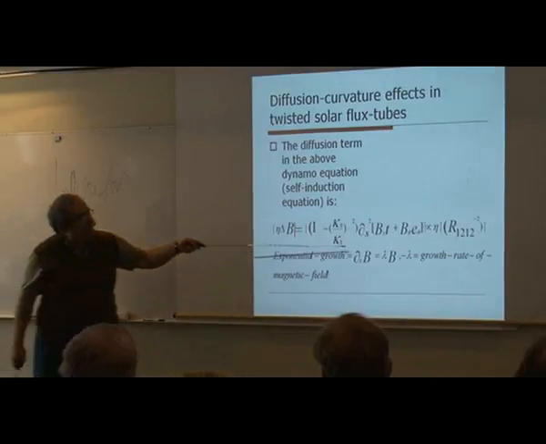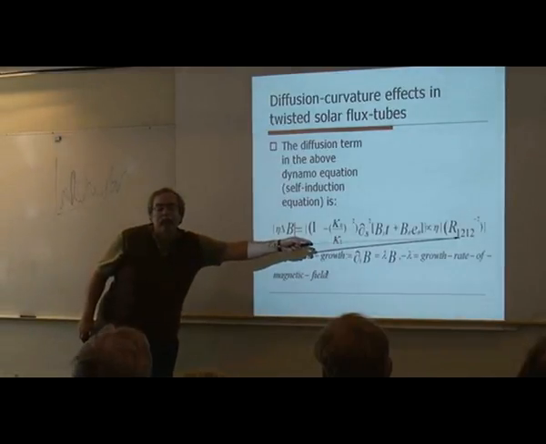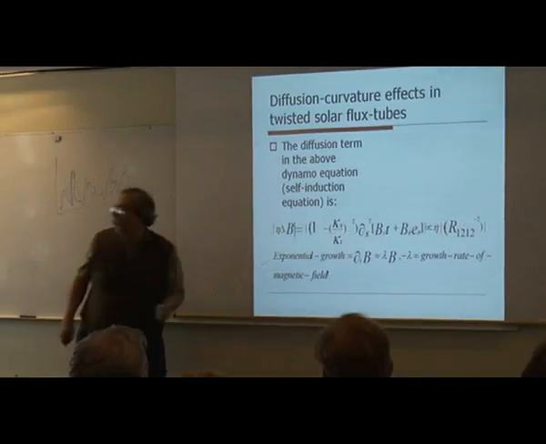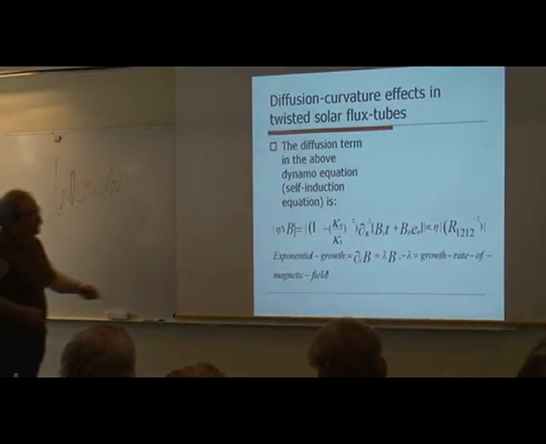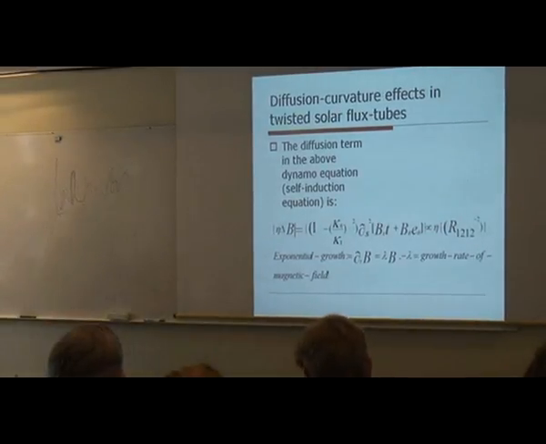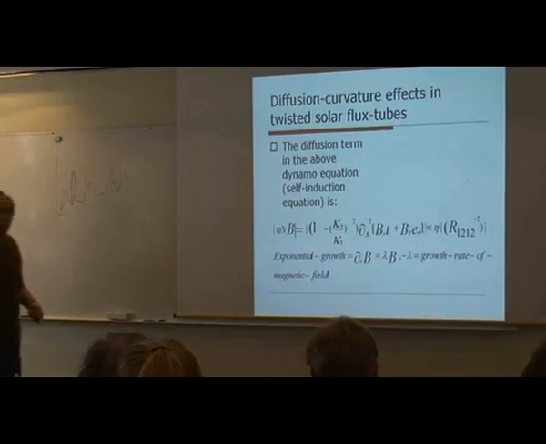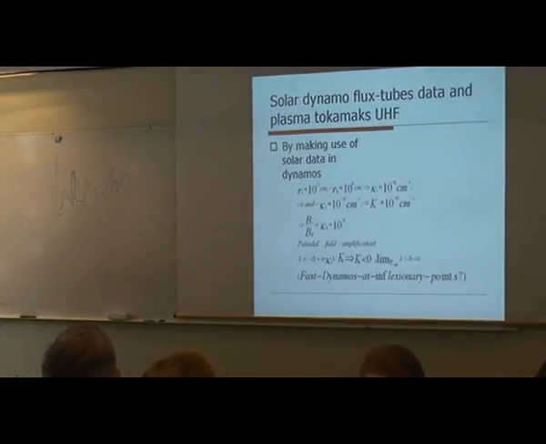So I compute also the diffusion term. As you can see, it's really very strongly anti-correlated with the curvature. Because now the exponent is -2, so it's non-linearly anti-correlated. Because it's squared. Yeah. Non-linear in this sense. Okay. And well, here there are some numbers.